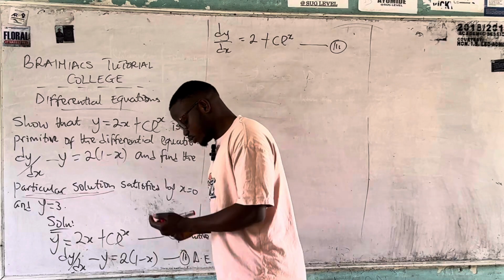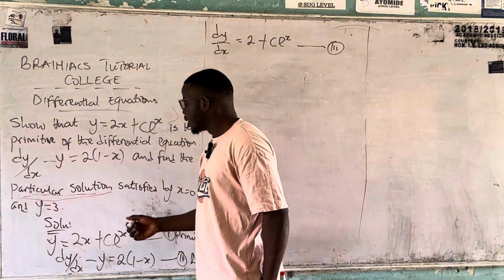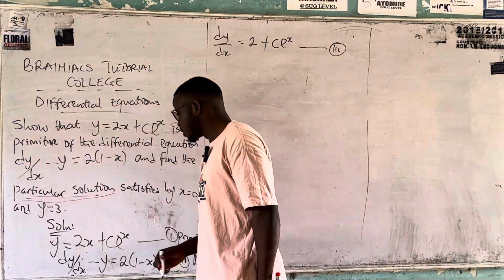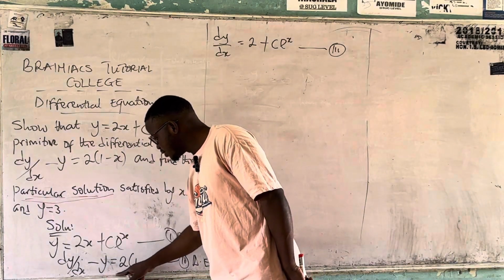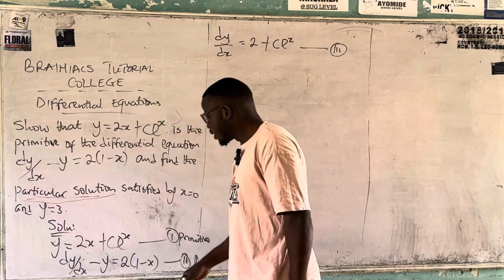Now don't forget, when you go back to equation 2, here we have dy/dx minus y. They ask us to show that y equals 2x plus c exponential x is the primitive of this differential equation. For that, we need the subtraction to give 2 into 1 minus x.